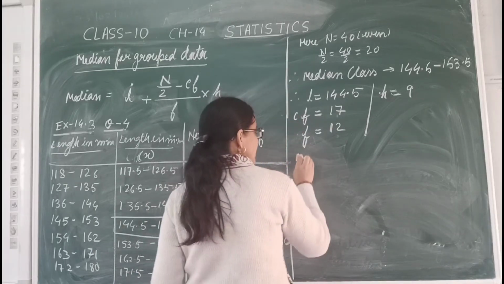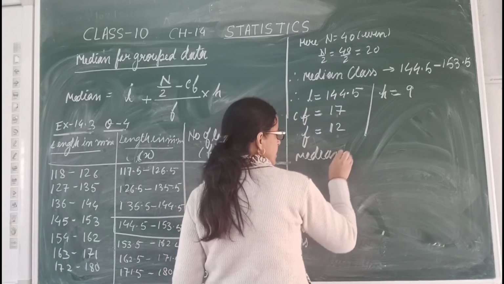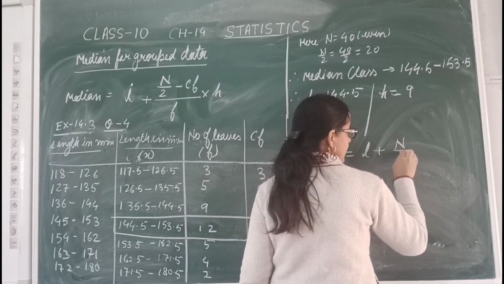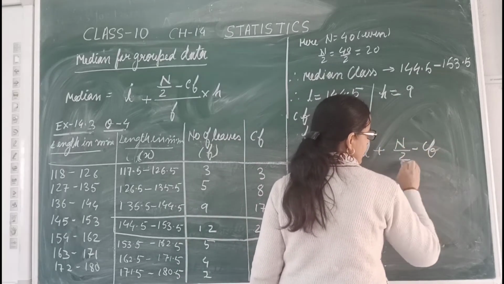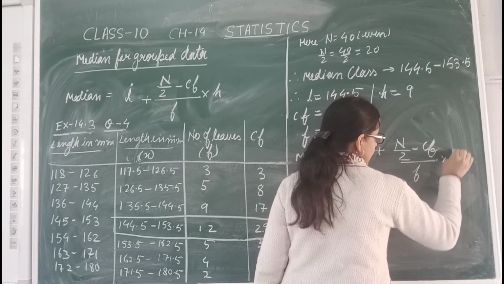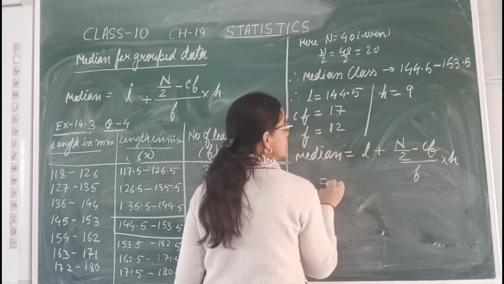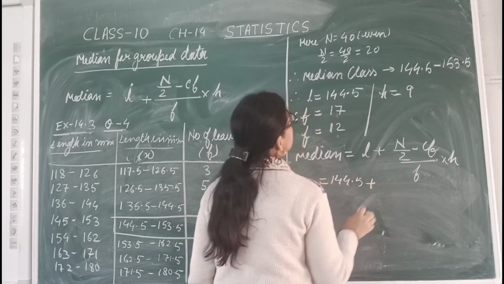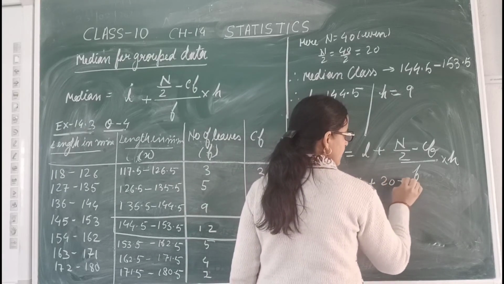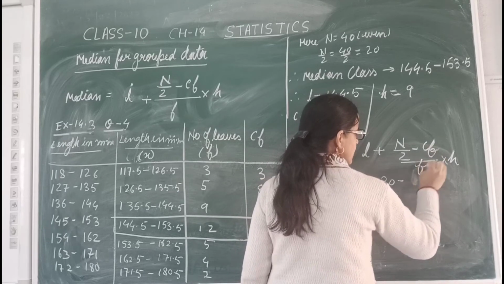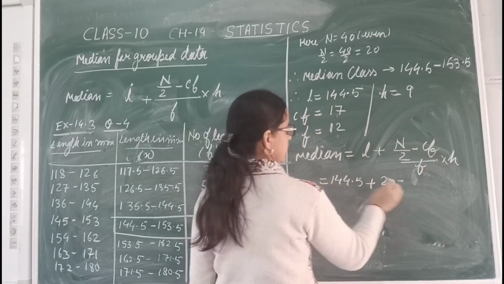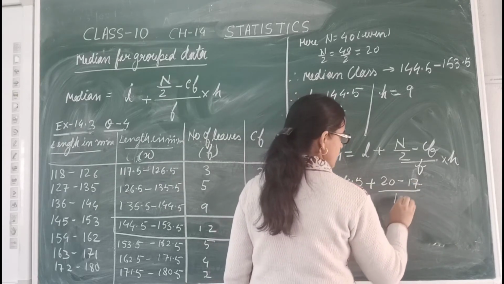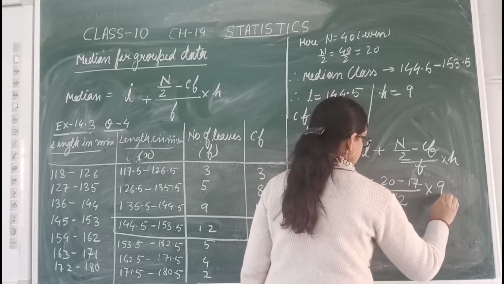So median equals L plus n by 2 minus CF by F into H, which equals 144.5 plus 20 minus CF is 17, by F is 12, into H is 9.